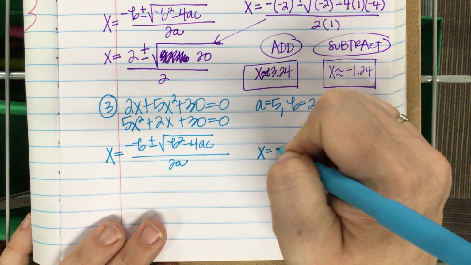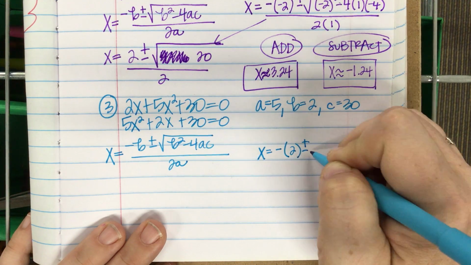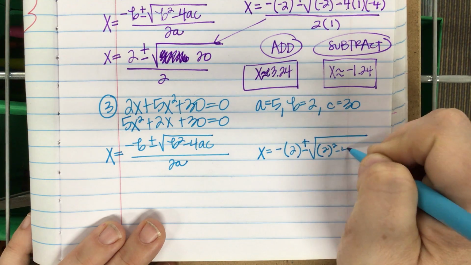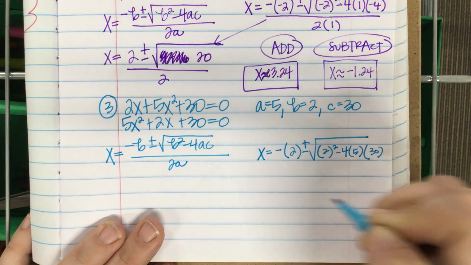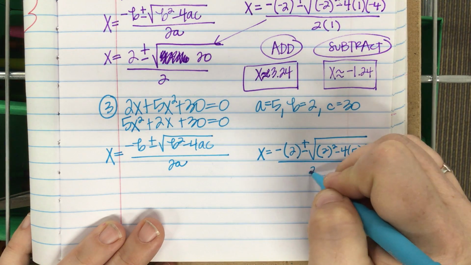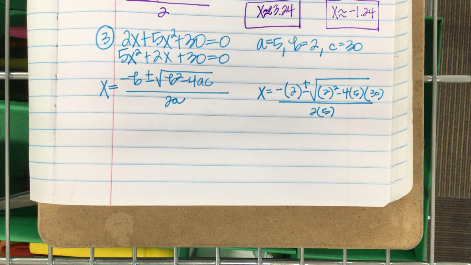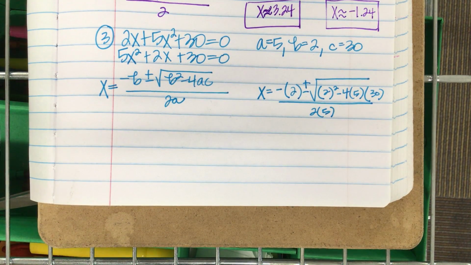X equals negative 2 plus or minus the square root of 2 squared minus 4 times 5 times 30, all of that divided by 2 times 5. Did I substitute correctly?